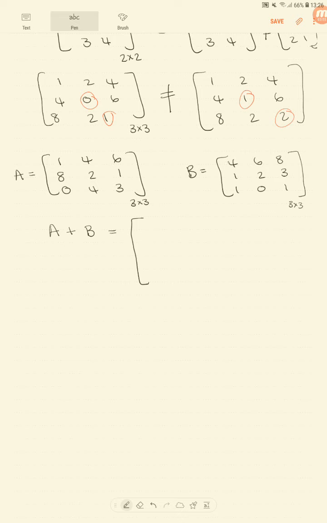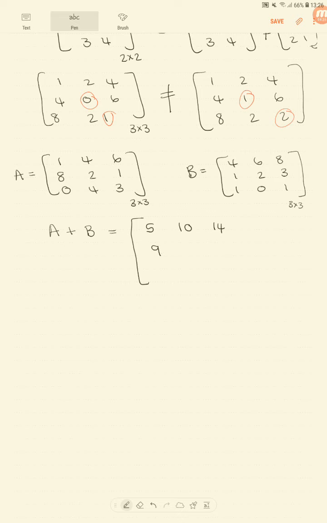So 1 plus 4 is our first entry. So that would be 5. Second entry, 4 plus 6, which is 10. Third entry, 6 plus 8, which is 14. Second row, first entry, 8 plus 1 is 9.